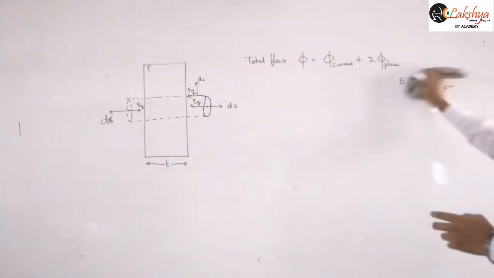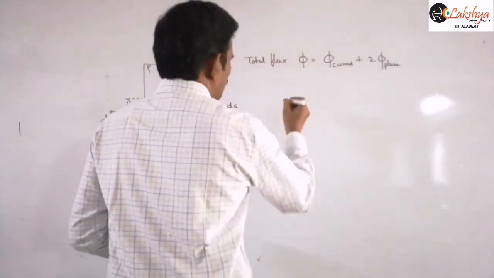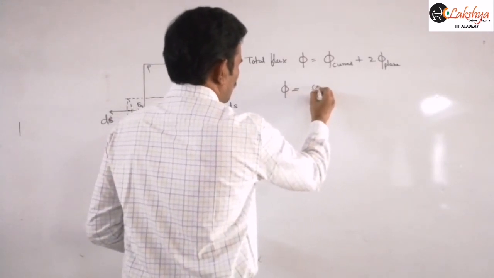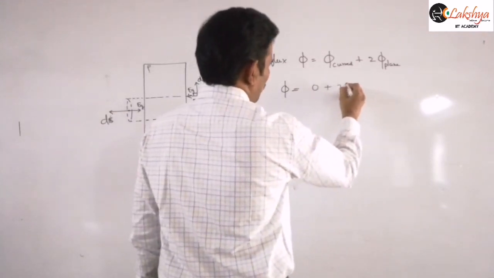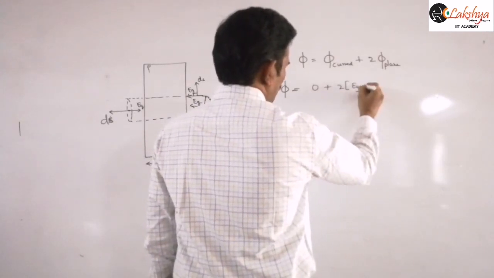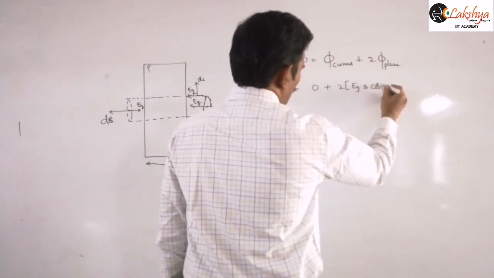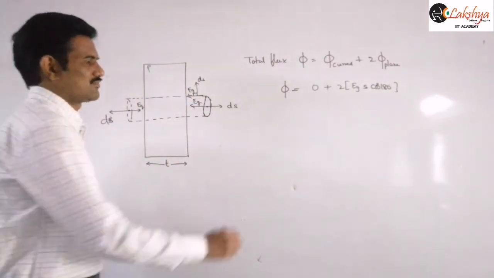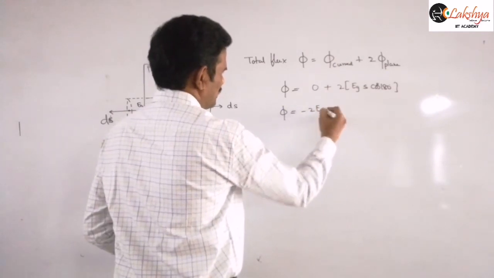Now the flux through the curved surface will be 0, so this is 0 plus 2 into Eg into S, suppose that area is S, into cos 180, because they are opposite each other. Therefore this flux we can write as minus 2 Eg S.